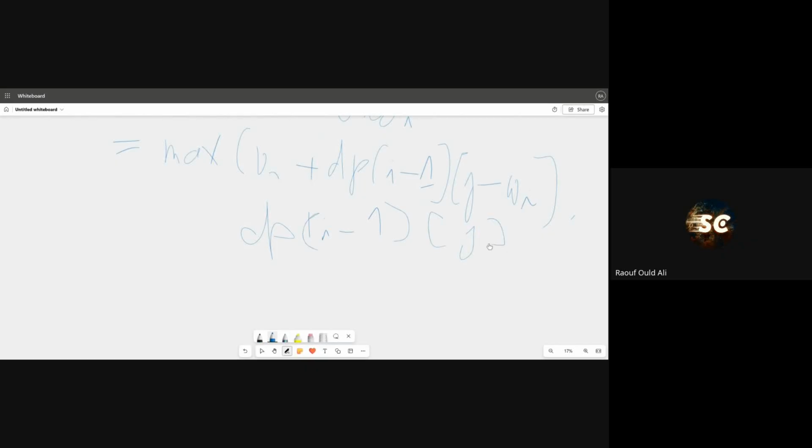And if this is negative, we just set this to minus infinity to ignore it. Does this make sense? So we basically either use the element i, and so we remove its weight from the possible knapsack weight, or we just don't include it and use the value from i-1. Does this make sense?